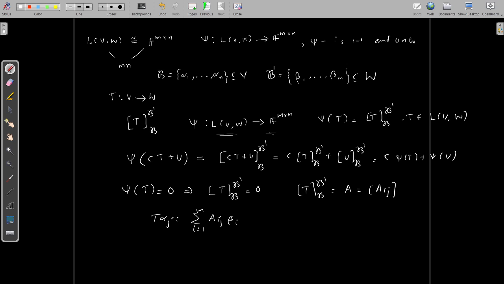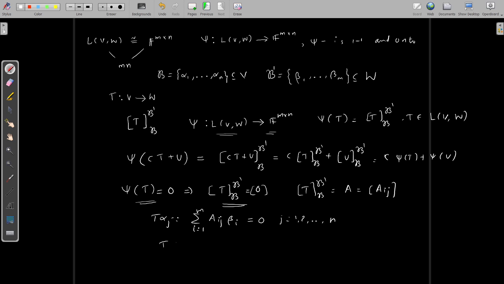This is the definition of the matrix of T. When you assume psi of T equals 0, this is the zero matrix, which means all the entries are 0, that means each coefficient is 0. Then T alpha j equals 0 for j equal to 1, 2, 3, etc. up to n.